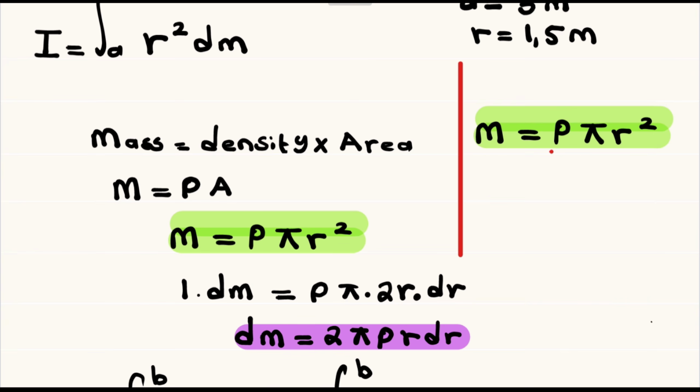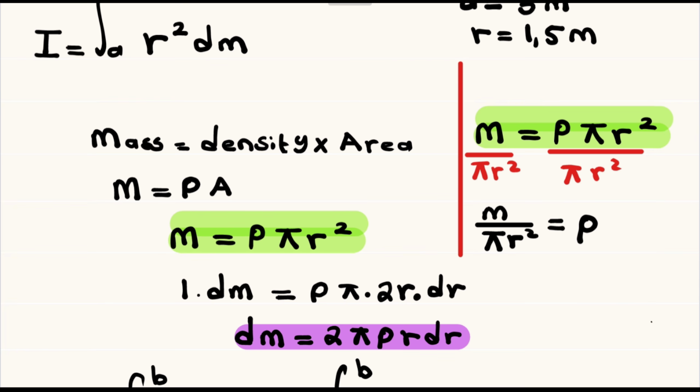We make the density the subject, so we divide by pi multiplied by r squared, both sides of the equation, m divided by pi r squared. So this will be our density. So let's copy and paste this.